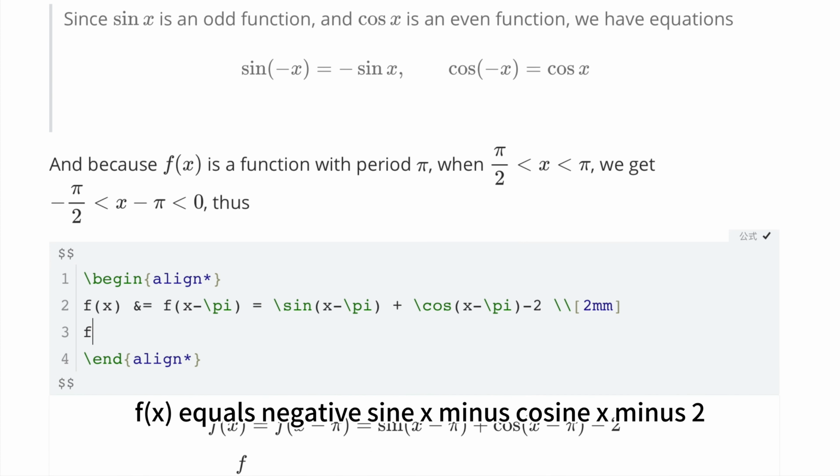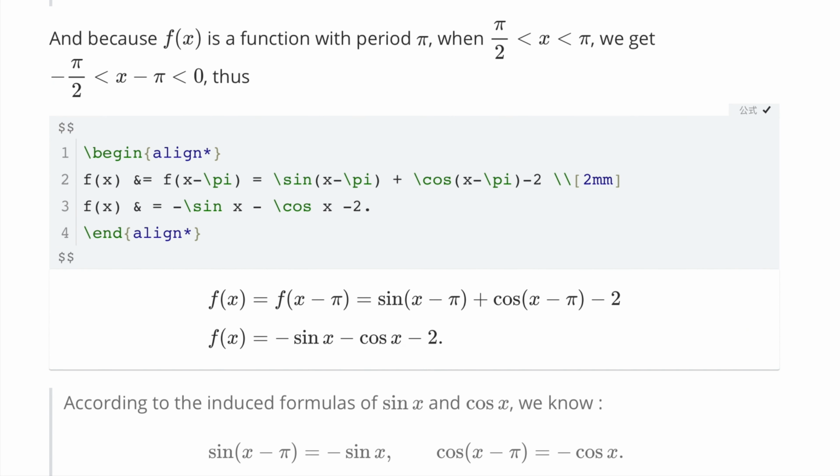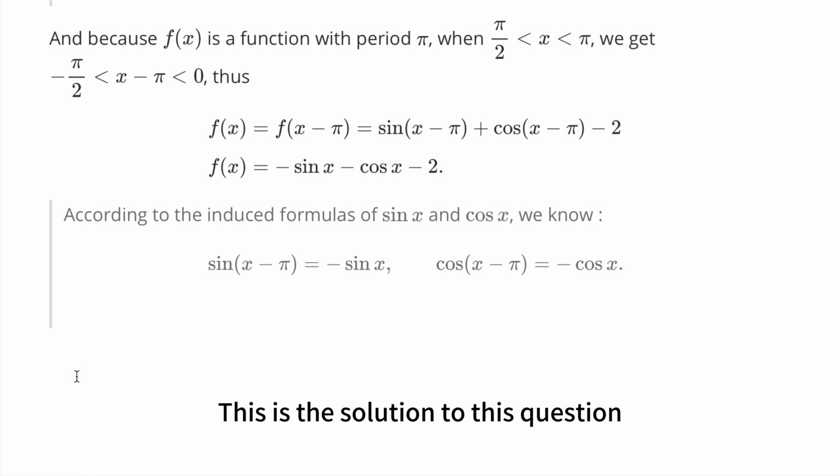Finally, f(x) equals negative sine x minus cosine x minus 2. This is the solution to this question.